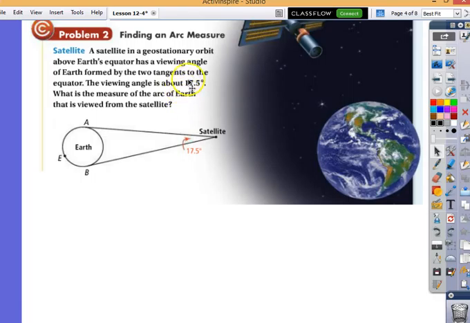And we know that the viewing angle is about 7.5 degrees. What is the measure of the arc of the Earth that is viewed from the satellite? So basically what I want to know is what this arc measure is right here.